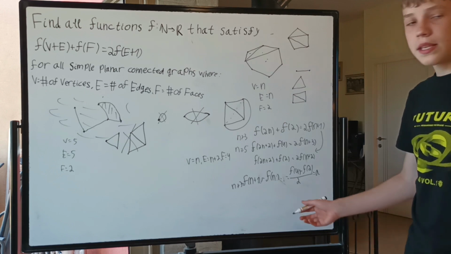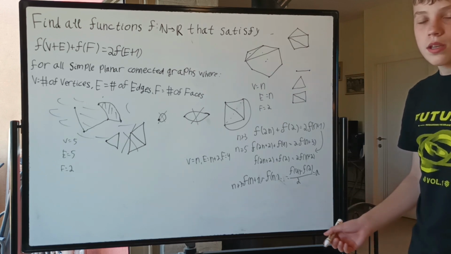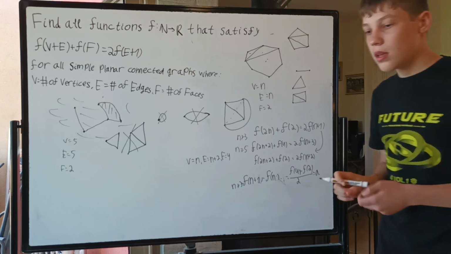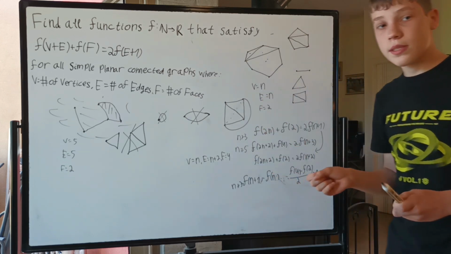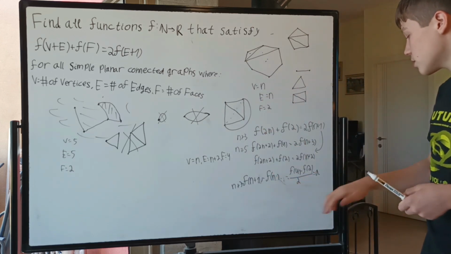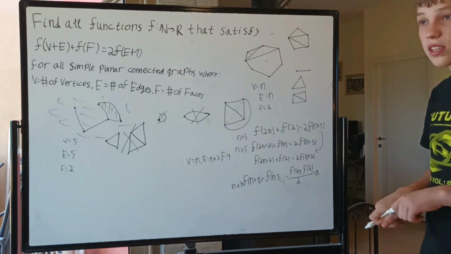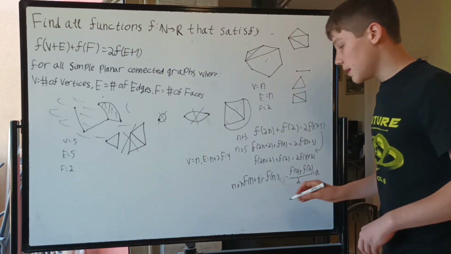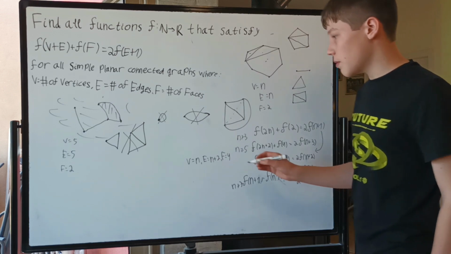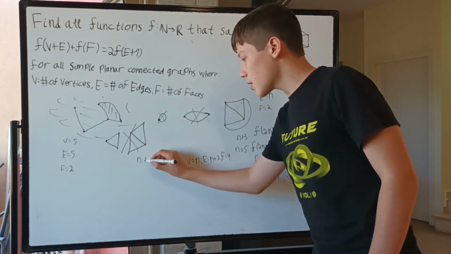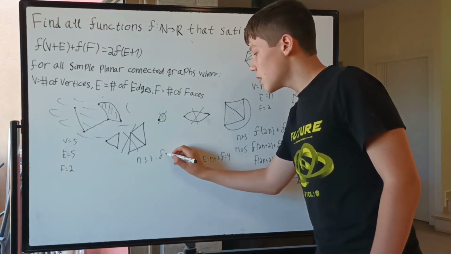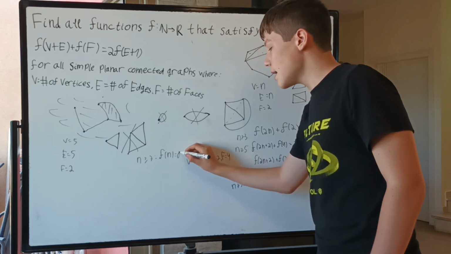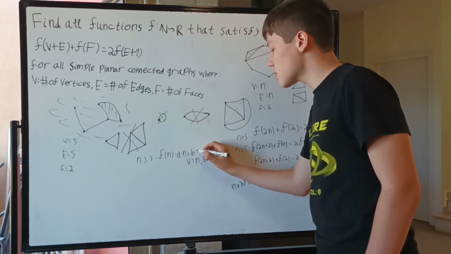But now, this is just an arithmetic sequence. So a number minus the number previous to that number is equal to just a constant. So that's just an arithmetic sequence, meaning that we found that for n bigger than or equal to 7, f of n is some a times n plus b.